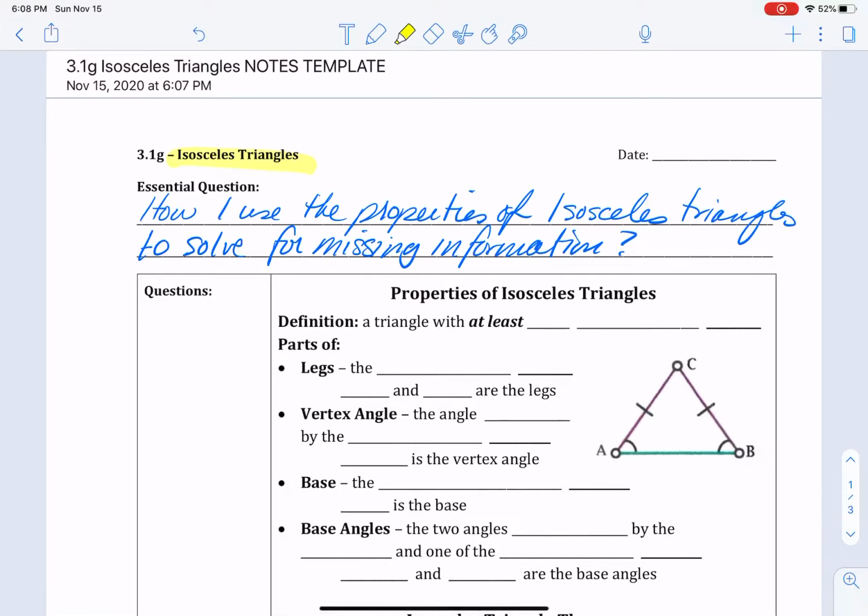Isosceles triangles are a specific type of triangle. They are a triangle with two congruent sides.